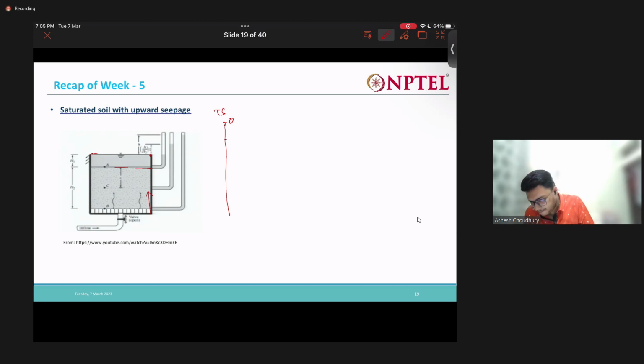At the point A, H1 into gamma W. At point B, total stress is H1 plus H2 into gamma W plus H2 into gamma sat, right?